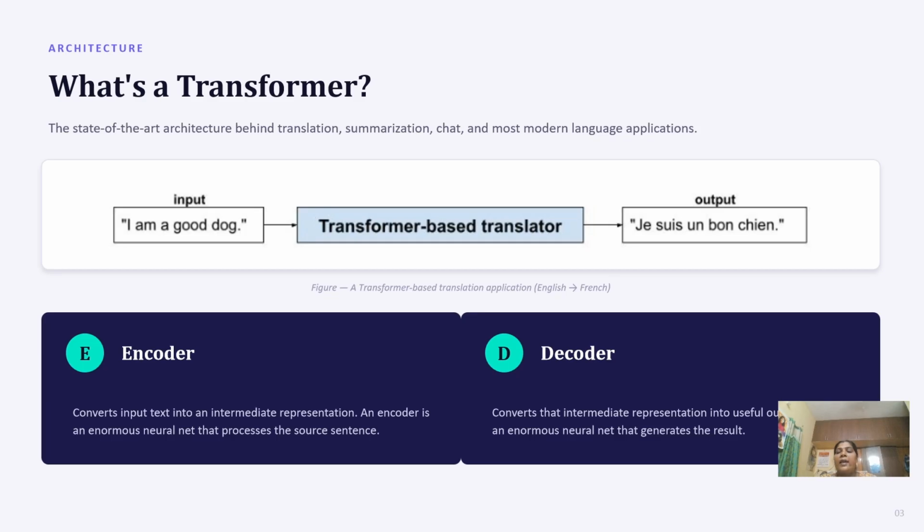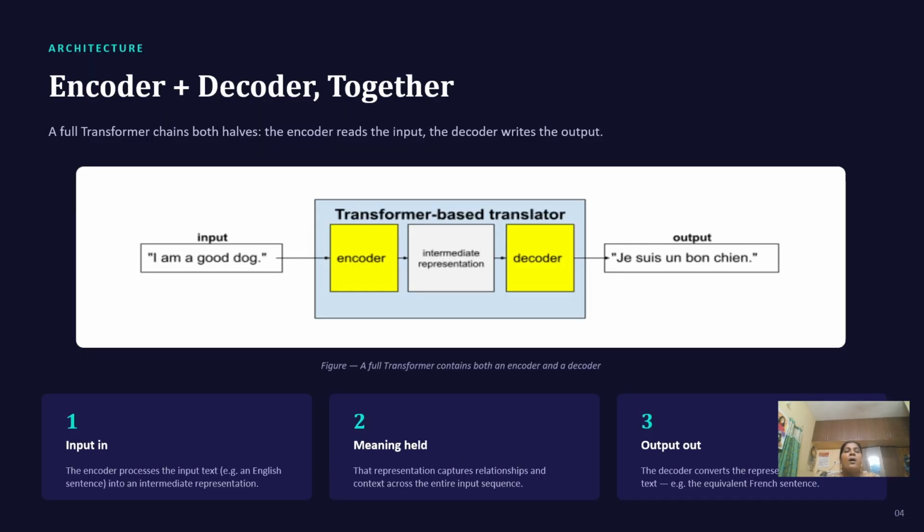That is an enormous neural net that generates the result. So LLMs are based on transformer-based architecture, which involves an encoder and a decoder. The transformer architecture could be an encoder type, or a decoder type, or a combination of an encoder and a decoder together.